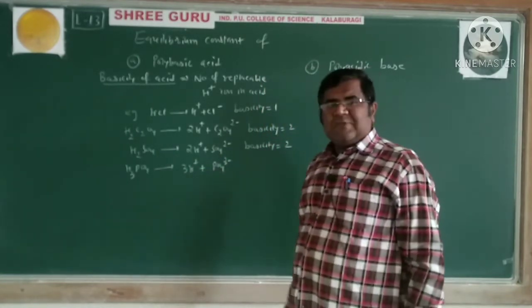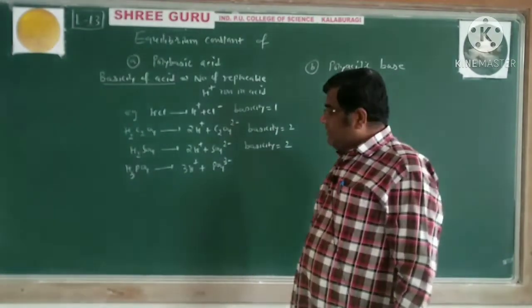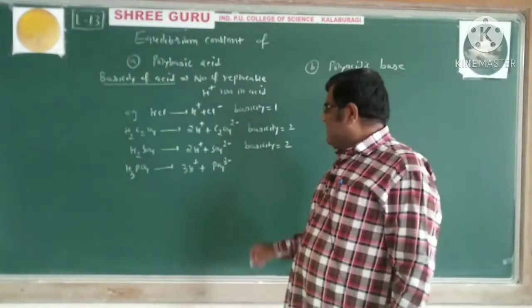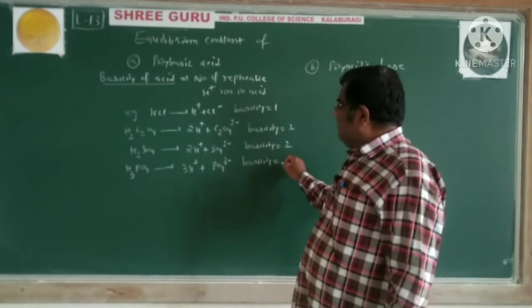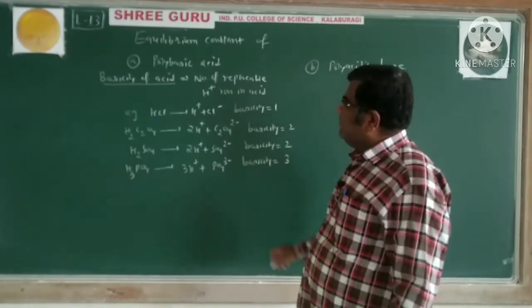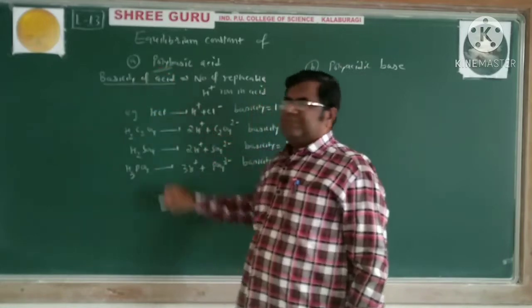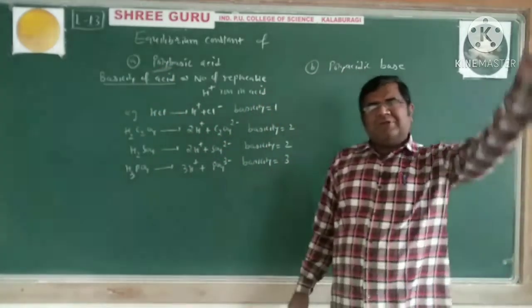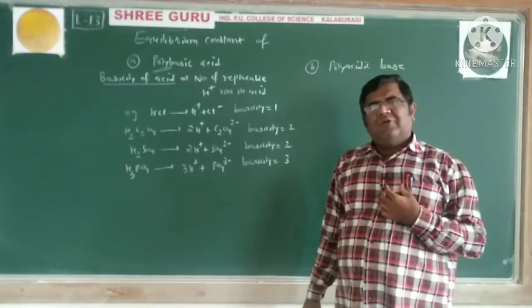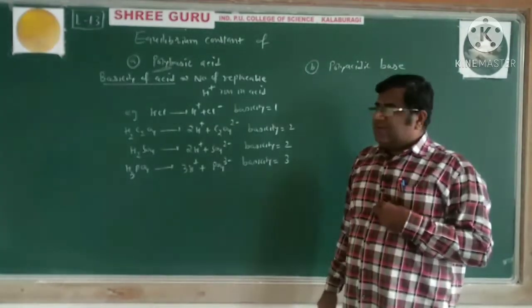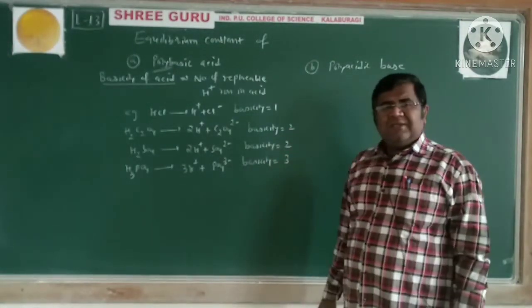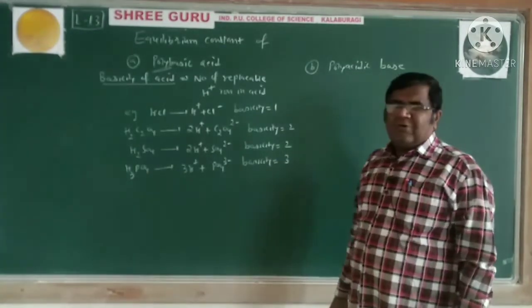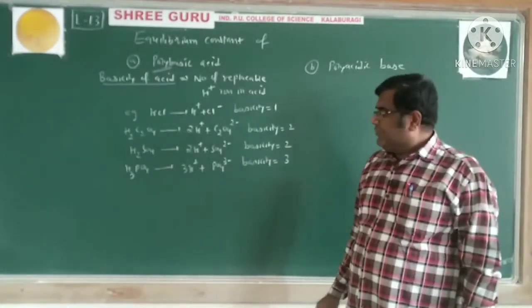As there are 3 H plus ions which can be released or replaced from this acid, we can say basicity is 3. Poly means many, more than 1, 2, 3, 4, 5. So basicity is 2, basicity is 3. This type of acids we call polybasic acids.